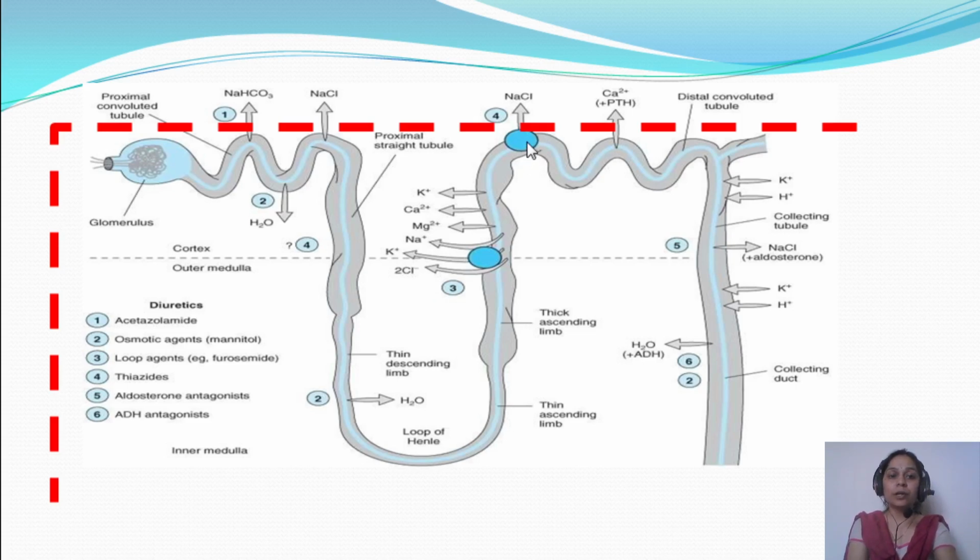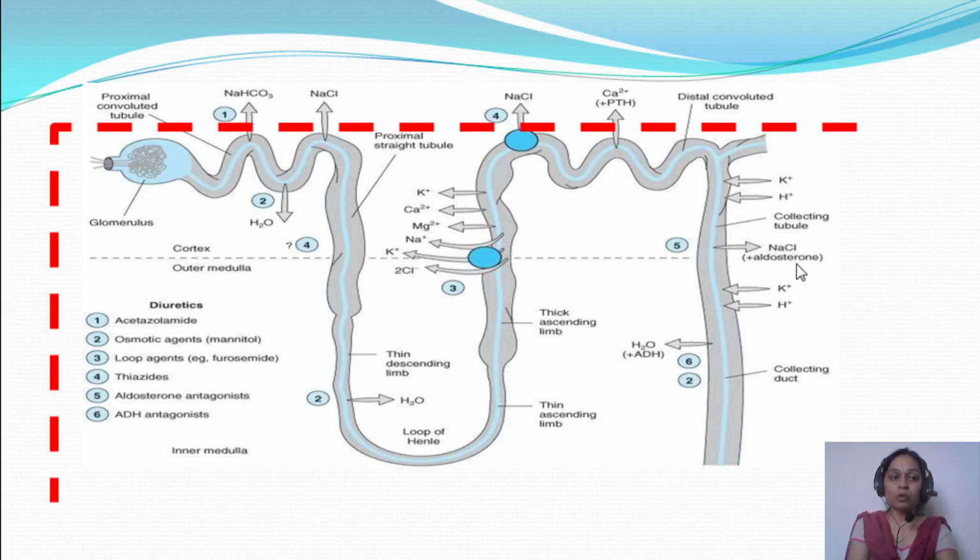Luminal fluid leaving the early DCT next passes through the late DCT and collecting tubules, where sodium is reabsorbed and potassium and hydrogen ions are exchanged. This process is partially regulated by mineralocorticoids, that is aldosterone.